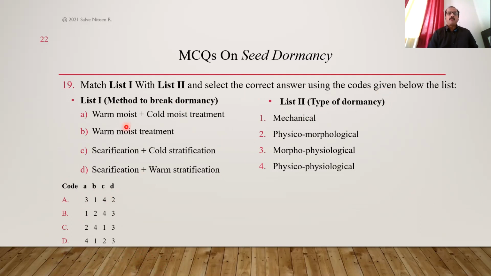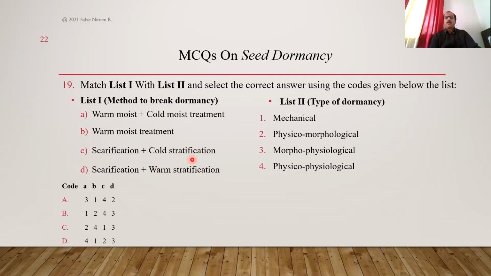See here: warm moist treatment, cold moist treatment, scarification followed by cold stratification, and scarification followed by warm stratification. Warm moist treatment means warm stratification. Cold moist treatment means cold stratification.